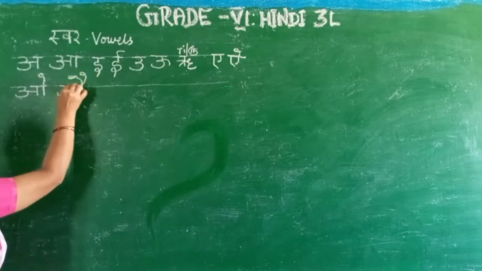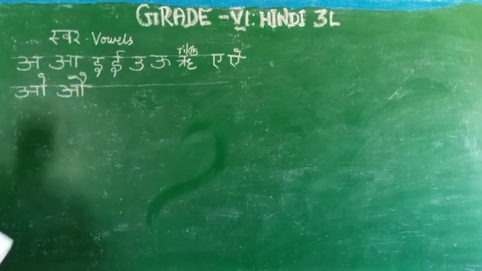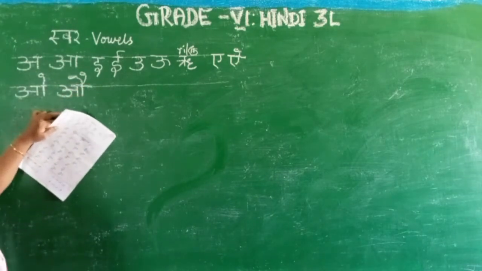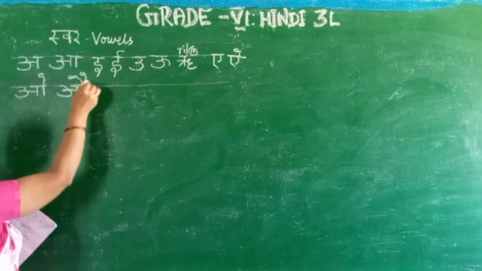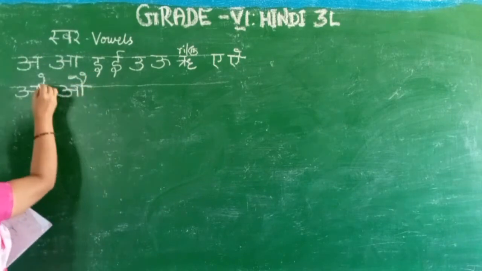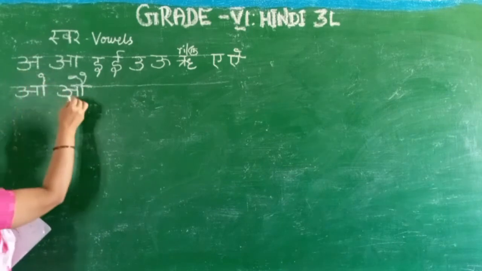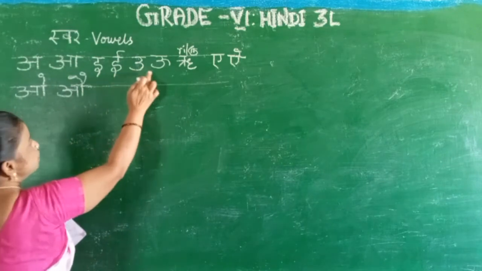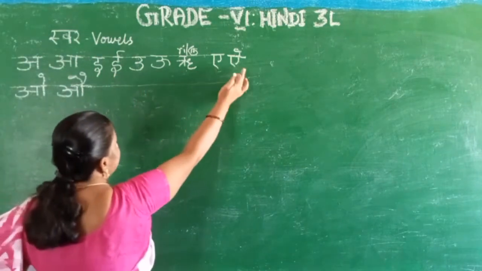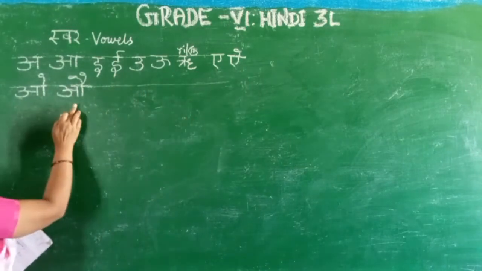Already in the last video I said some mistakes you make while writing. What are the mistakes? You write the matra on the opposite side. That is wrong. You always put it on this side. Au, a, e, u, re, a, i, o, au.